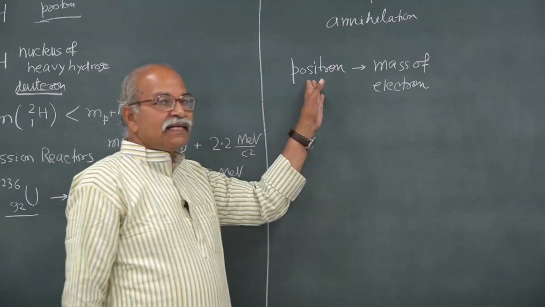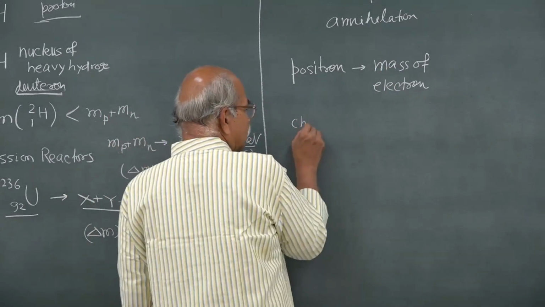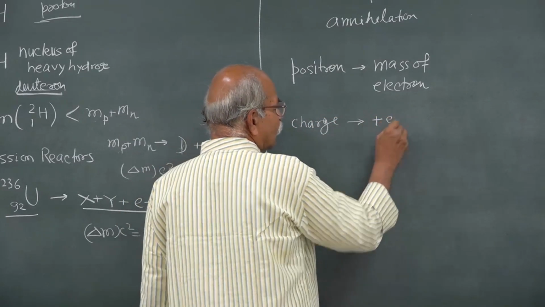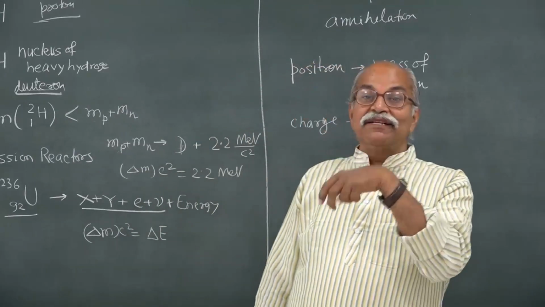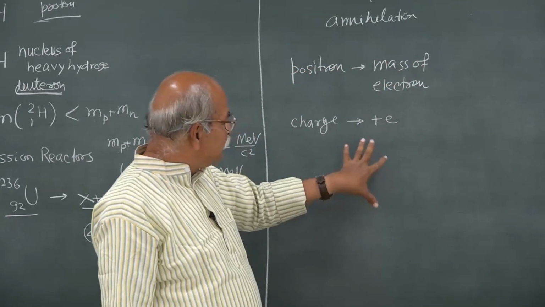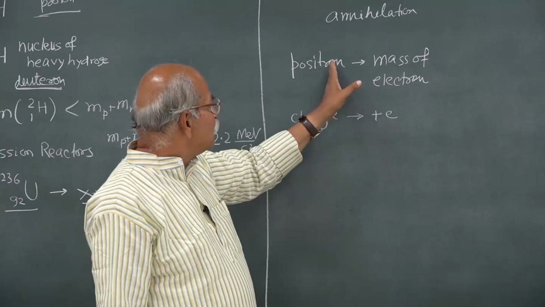Mass of positron is exactly the same as mass of electron, then charge is plus e, same as that on a proton. There are many other things which are not important in this discussion. So, these are called positrons.